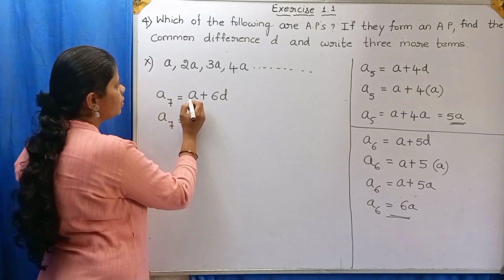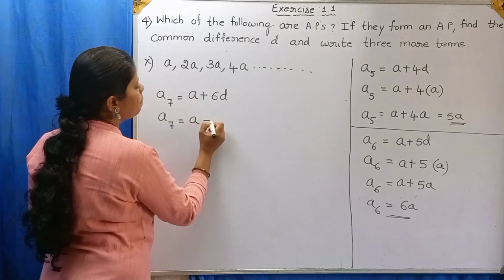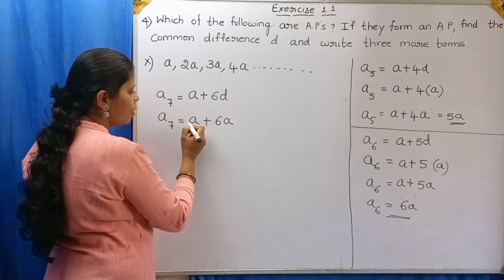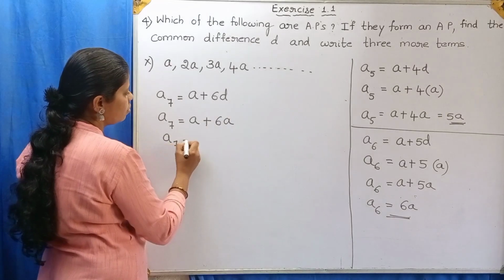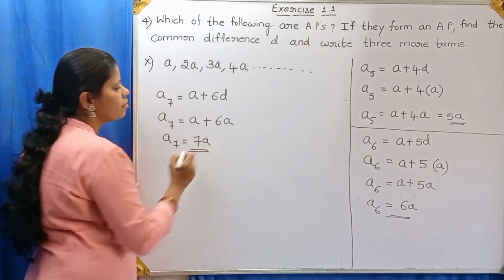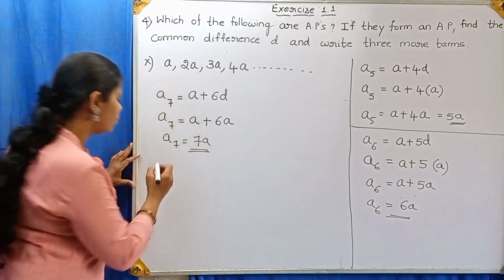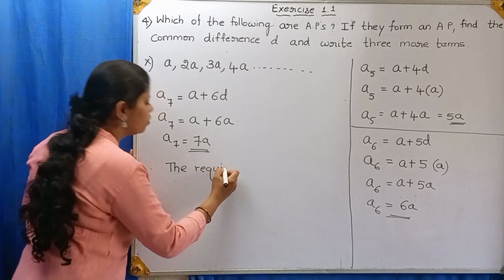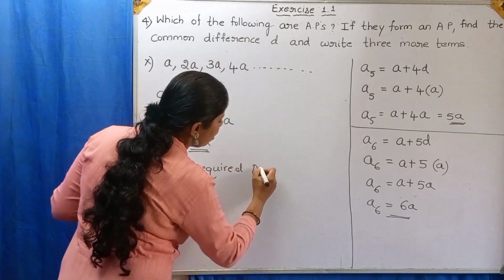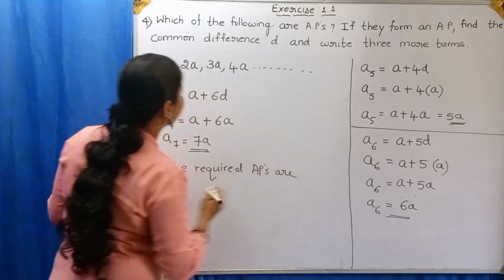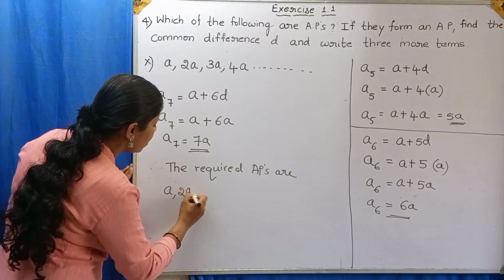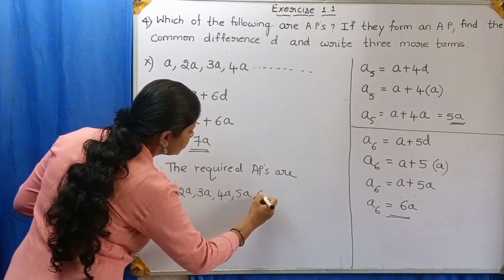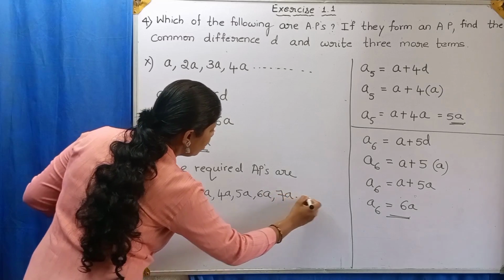A7 is equal to A is A plus 6 into the difference A. A plus 6A. It is what? 7A. Therefore, the required APs are A, 2A, 3A, 4A, 5A, 6A, 7A and so on.